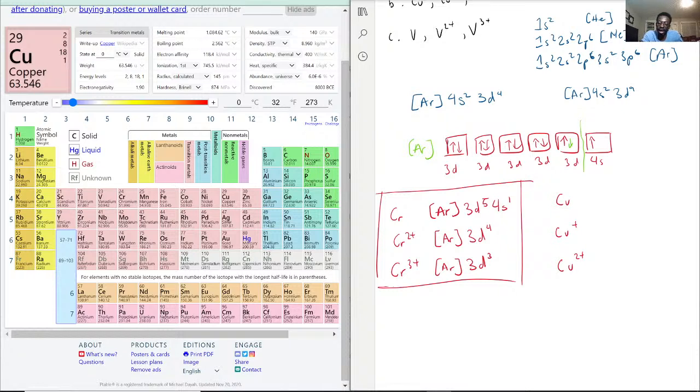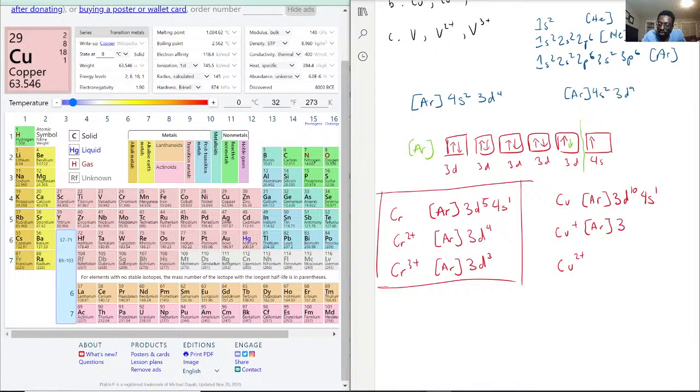So for this we actually have Ar 3d10 4s1. And now you actually see why it would be easier for copper to just lose one electron. Well, I mean, it can, because it's a transition metal, it can actually choose which electrons to lose.